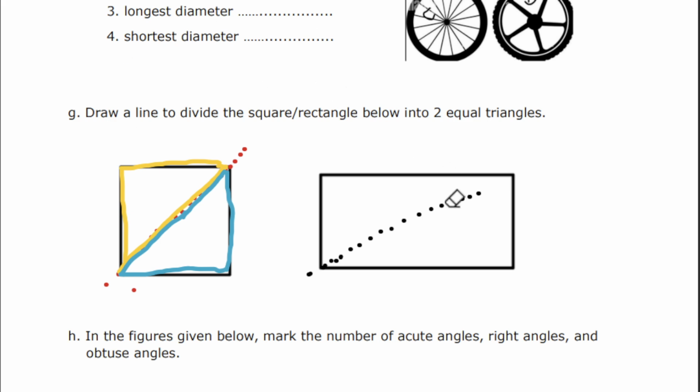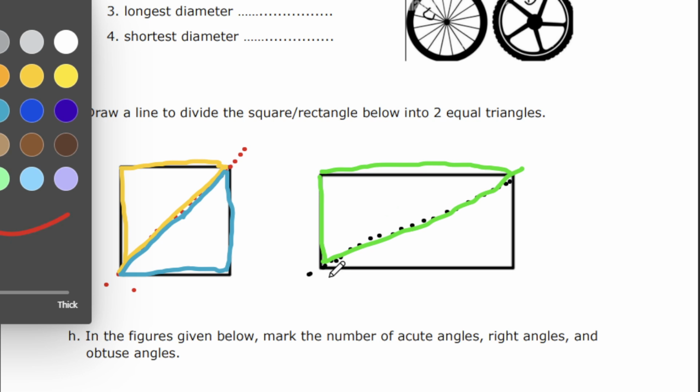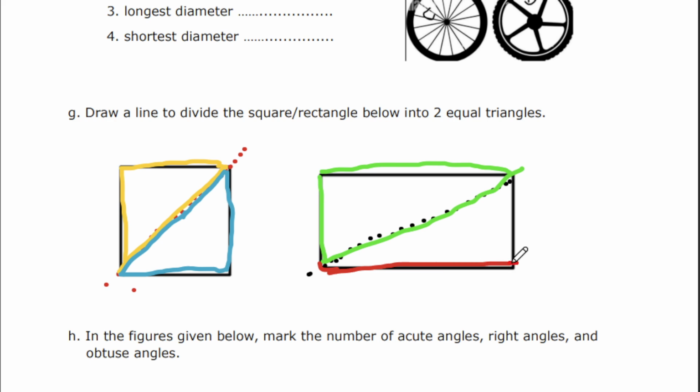Students, I am unable to draw a straight line, but if you have a pencil, it will be very easy for you. So like this. The first triangle is this one, and this one is your second triangle. So first one, second one, and in this one, first one, second one.